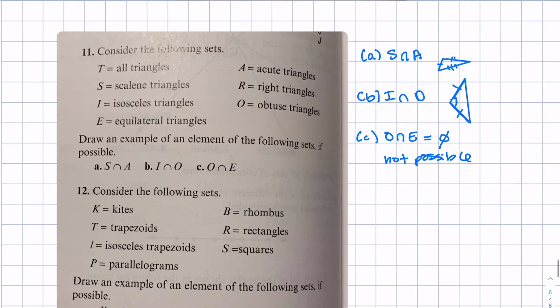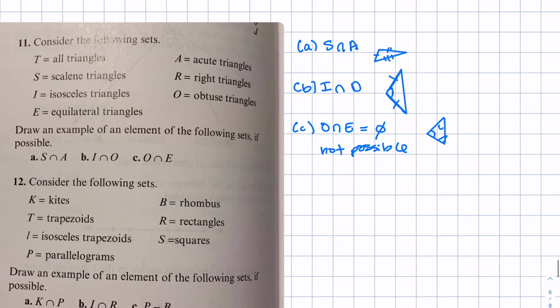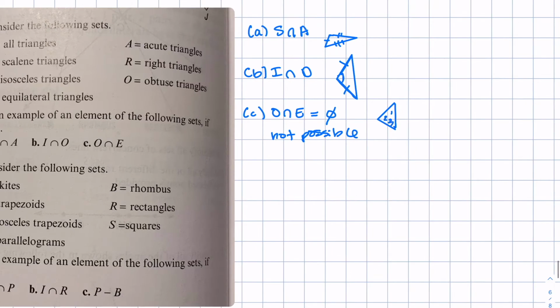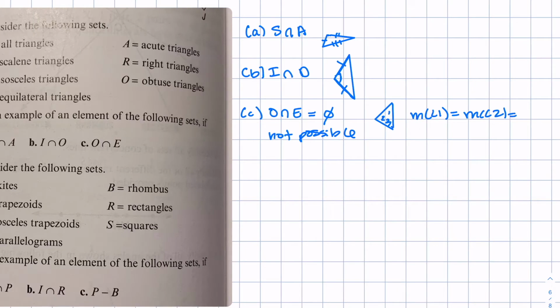And the reason is that if we have an equilateral triangle, then all of the sides have to be the same length and all of the angles have to be the same size. And since all of the angles have to be the same size, let's say I'll label them 1, 2, and 3. So measure of angle 1 has to equal measure of angle 2, has to equal measure of angle 3. And they all have to sum to 180 degrees.